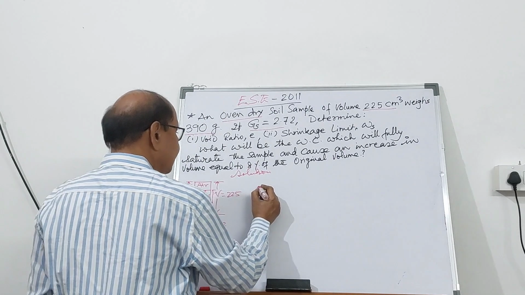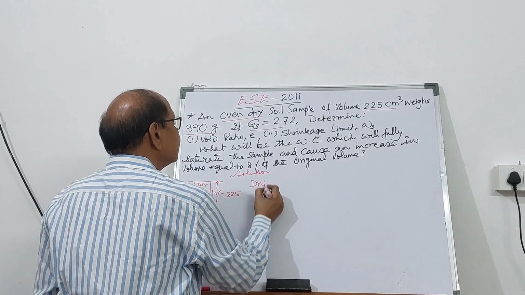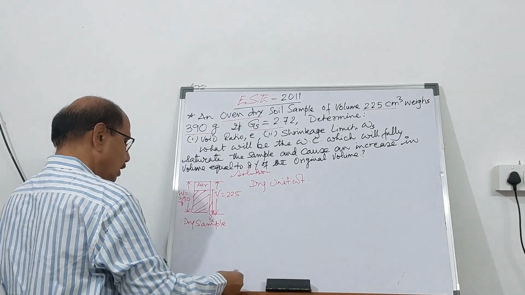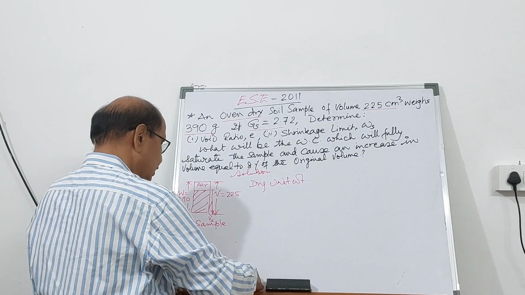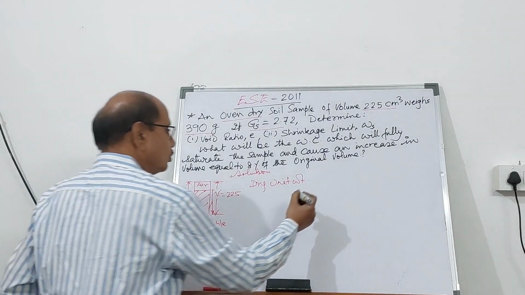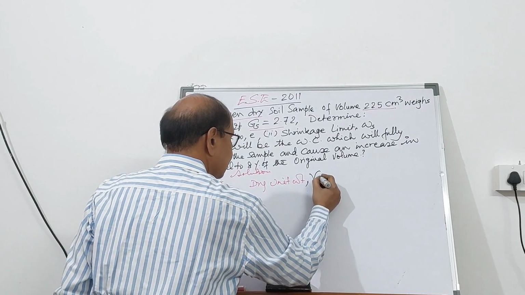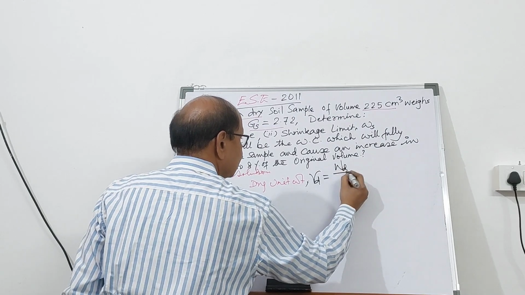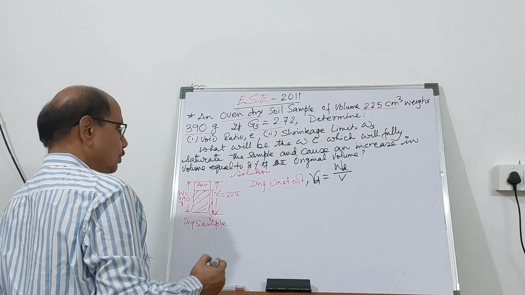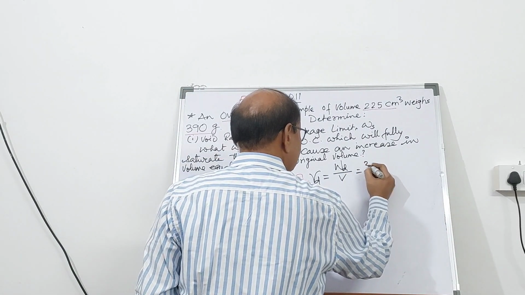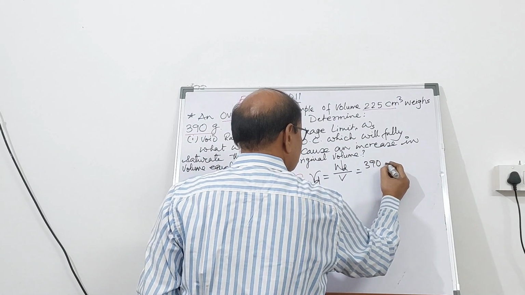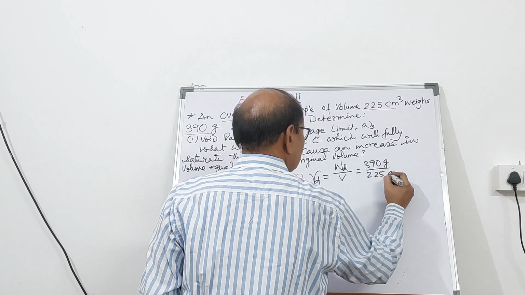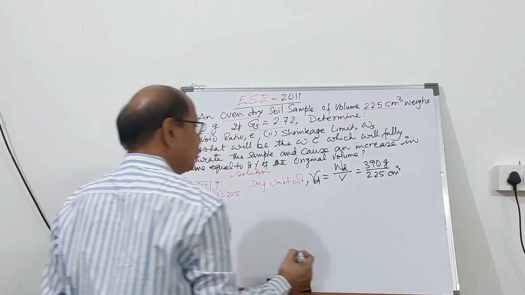So the dry unit weight can be computed very easily. If you want to find out gamma d, the weight of dry soil mass per unit volume, this is going to be 390 grams divided by 225 centimeter cubed.